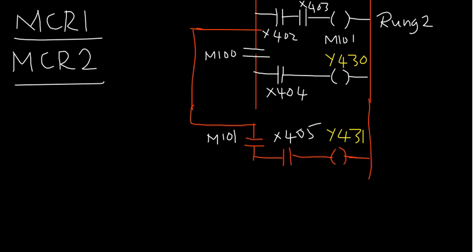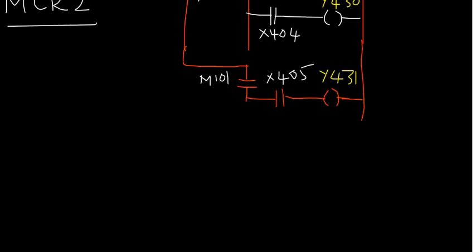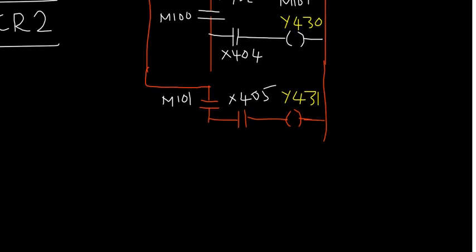So now what after this? After this what I should have? Now I have come to an output Y431. So now please look here. I would have the continuation of the rung here. Then very importantly I will put my MCR reset.